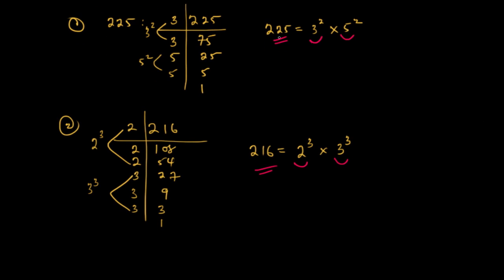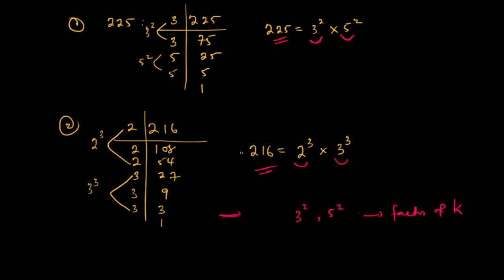So since 3 squared and 5 squared are factors of 225, that implies that 3 squared and 5 squared must be factors of k, because 225 is a divisor of k, so it must contain all the factors of 225.